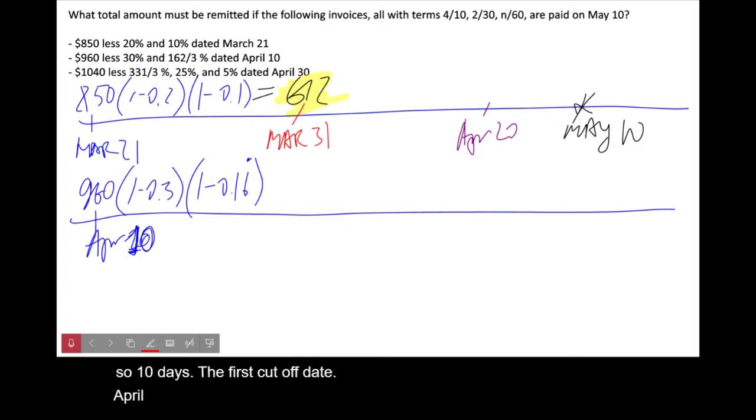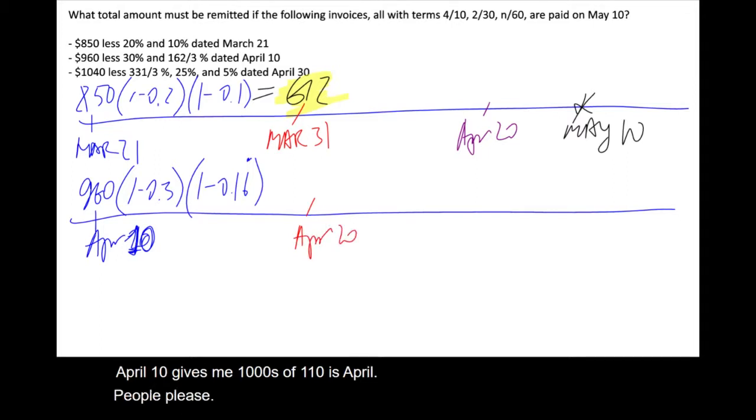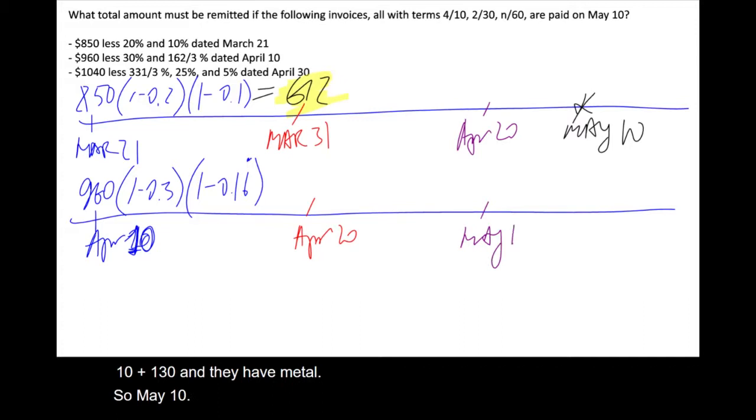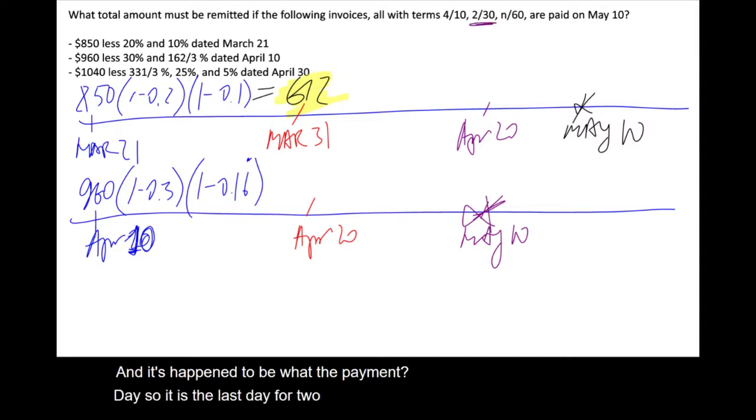April 10 gives me 100, so 110 is April 20th. So second one, April 20th, 110 plus 20, 130, and I have May 10. So May 10, and it happens to be what? Payment day. So it is the last day for the 2% discount.